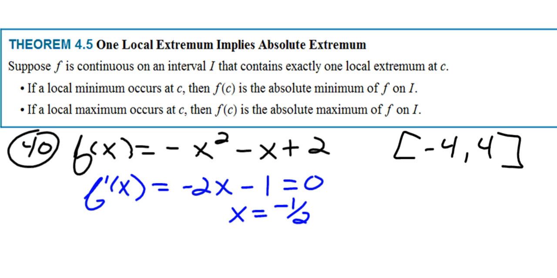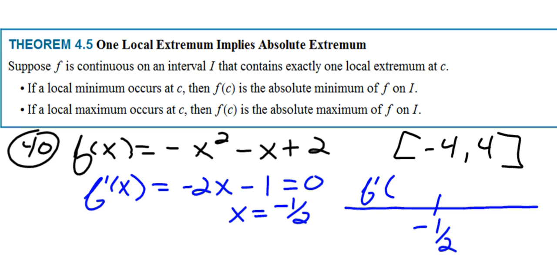So then I'm going to test on an interval where I have -1/2, and I'm going to evaluate at the endpoints also. So if I test by plugging in some interval value into the derivative, I'm going to try plugging in a -1 for this interval, and I'm going to try plugging in a +1 on this interval and seeing what I get.